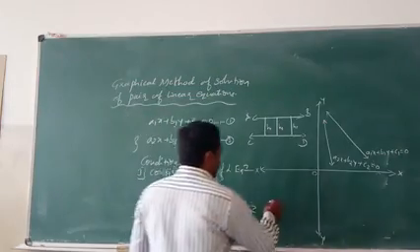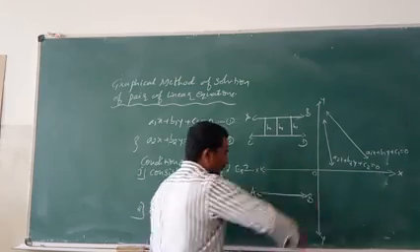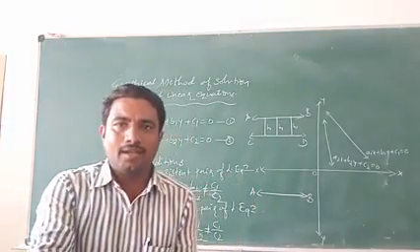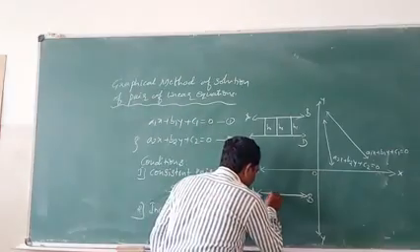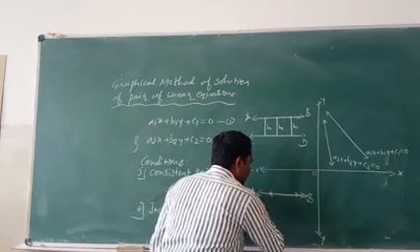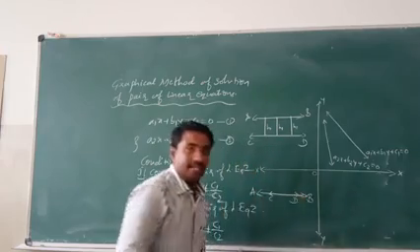Coincident lines, in the sense I have mentioned here. AB is the line. One more line is merging on the first line. I will take one more line here. This is the first line AB, and this is the second line CD.